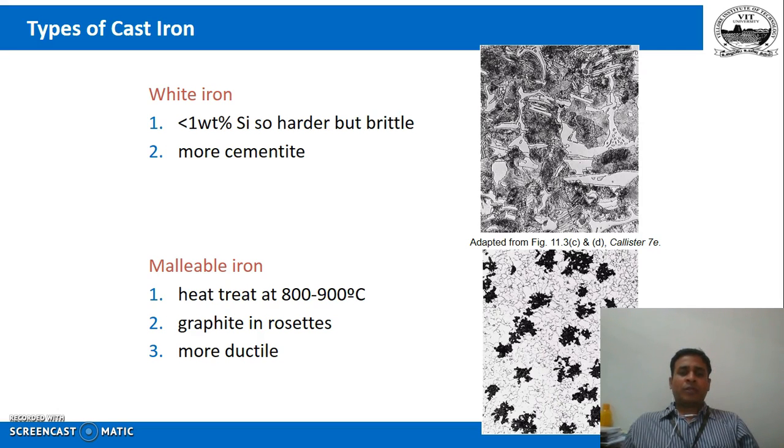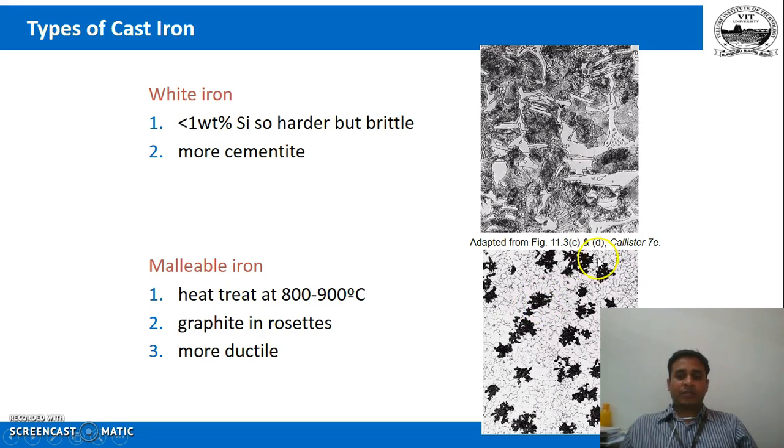Since you don't want cementite in this form, what you do is heat treat at 800 to 900 degrees Celsius. What I mean to say is, you take the white iron and heat treat it at higher temperatures for a prolonged time, and all this cementite gets back to the graphite state.